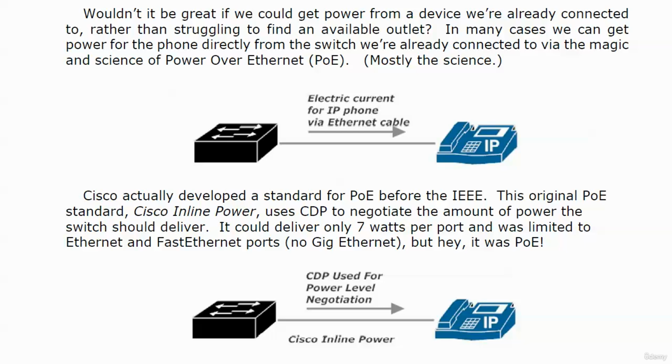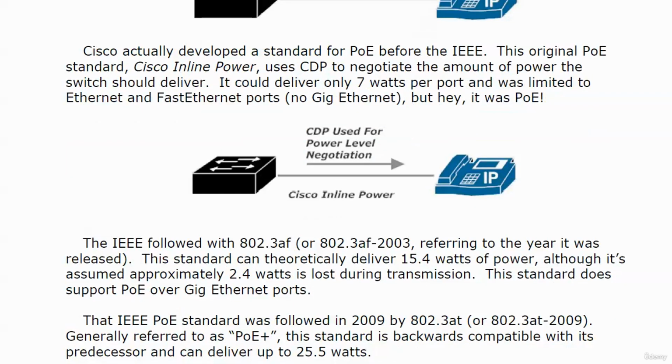But hey, we didn't care. Wireless networking had limitations at first too, but we were so crazy about it, we didn't care about the limitations. We had power over Ethernet. Of course, us being us, network admins being network admins, we always want a little bit more. And thankfully, the IEEE came up with a couple of standards to help us out. First, they came out with 802.3AF, which can have a -2003 on the end of it in some documentation referring to the year it was released.